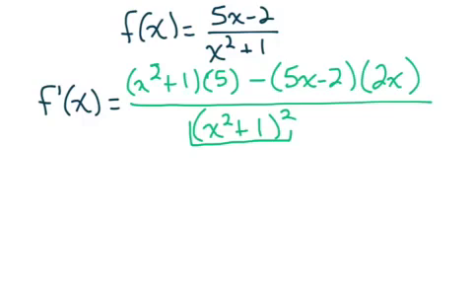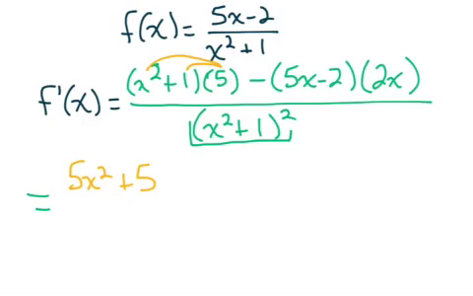But we do want to simplify the numerator as much as we can, so we will say that's going to equal, distribute that 5, we get 5x squared plus 5. Now let's be careful here.